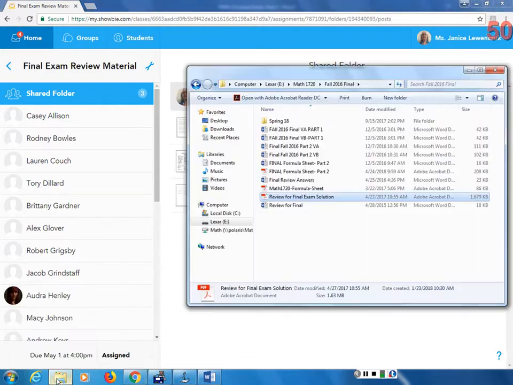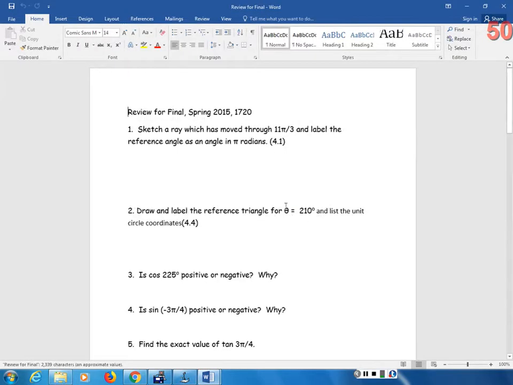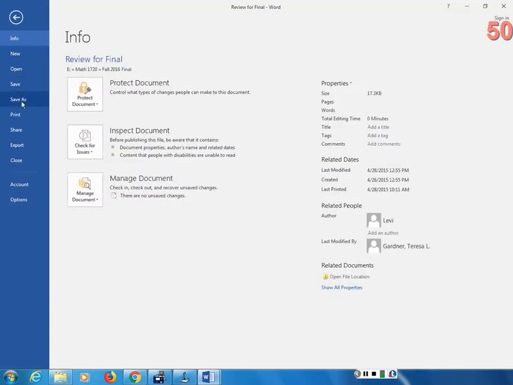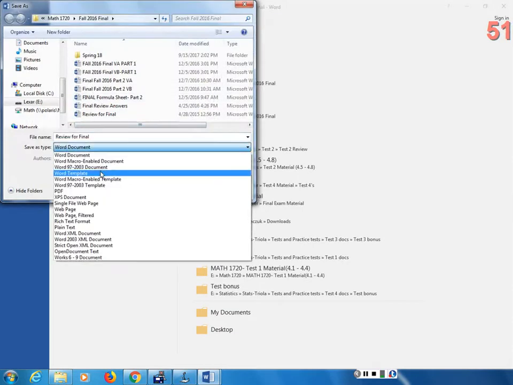I usually don't even post the final review answers. I just like to put the whole solution. The review for final, I have to save it as a PDF. File, save as PDF.